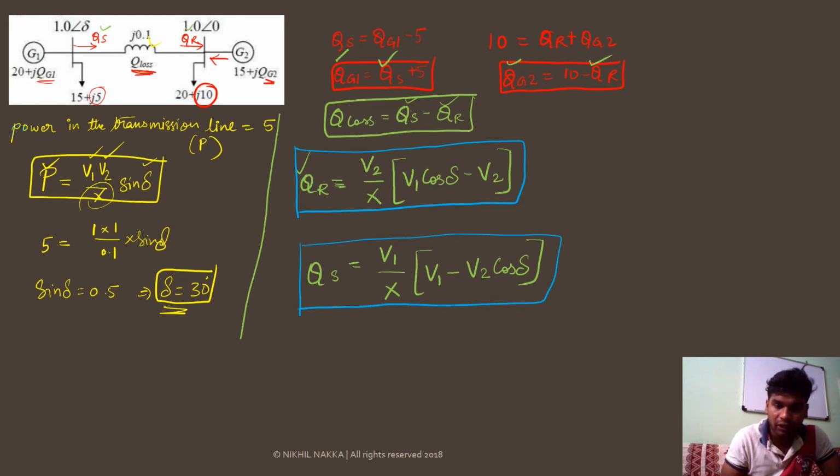Most of you might know this equation as Q is equal to V by X into E cos delta minus V. The only difference is that E is taken as the sending end voltage V1, and V is equal to V2. That's it, nothing else. The nomenclature is different, so don't get confused by these things.